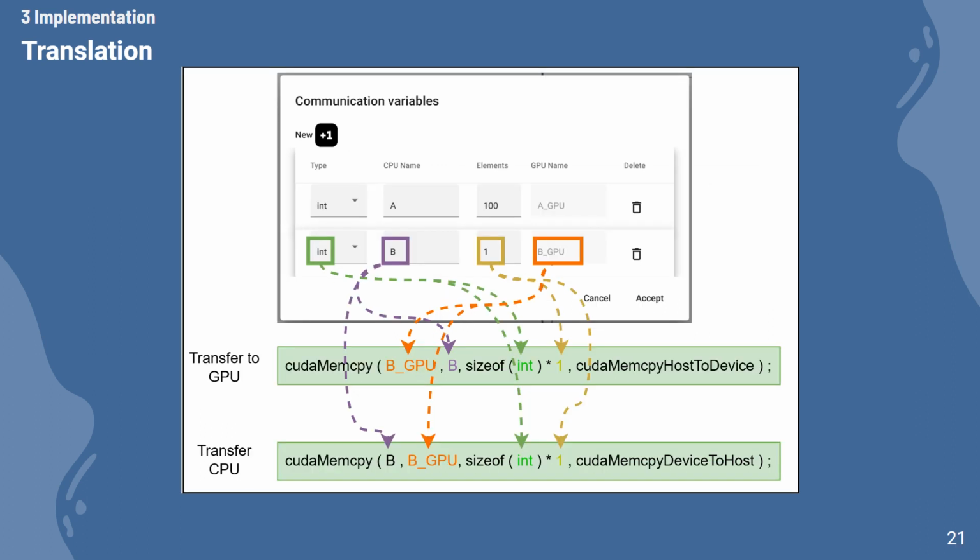The translation for the exchange of information between the CPU and GPU is obtained from the properties of the communication variables. The main copy instruction is used to specify the source and destination of the data to be transferred.